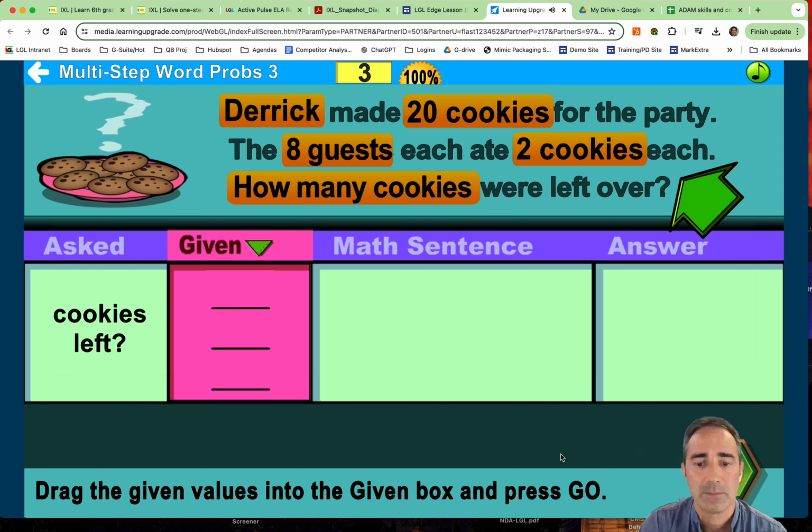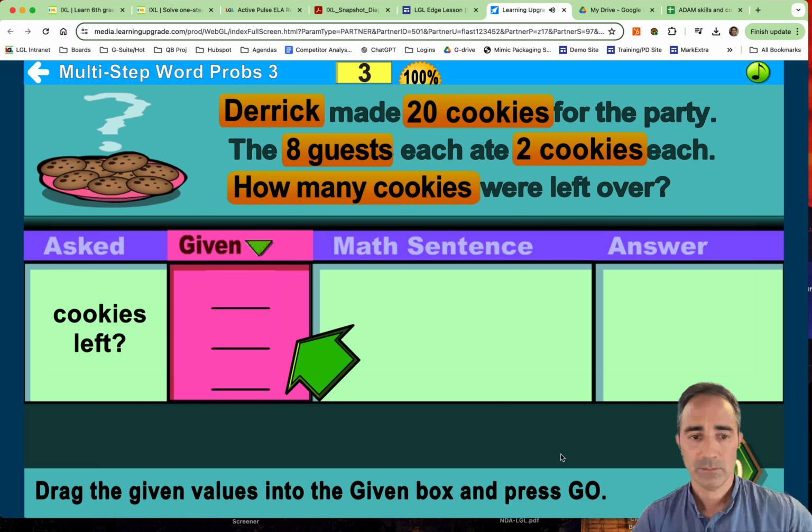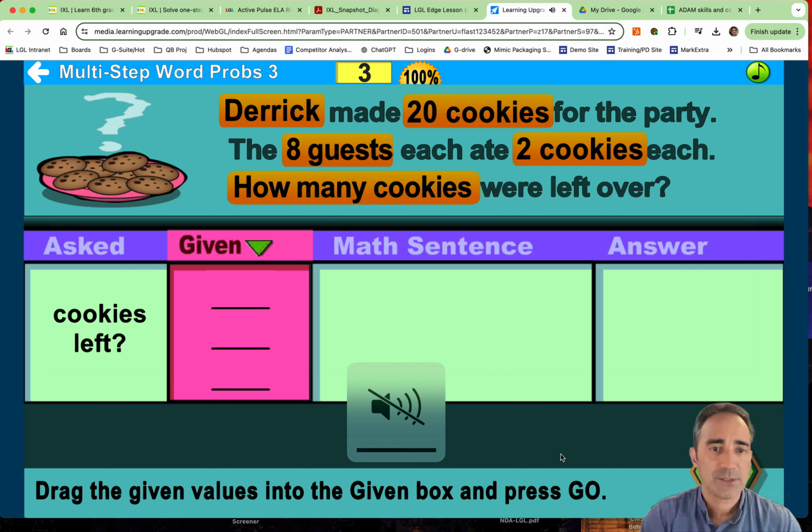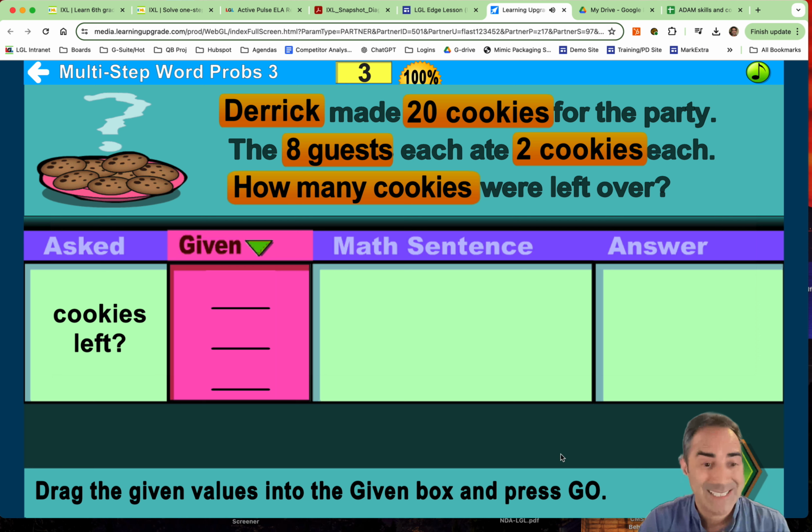That's it. Now, move any values that are given to you in the problem into the given box and press go. So our system is stepping the student through it. It's engaging, it's visual. It's night and day compared to what IXL is doing.